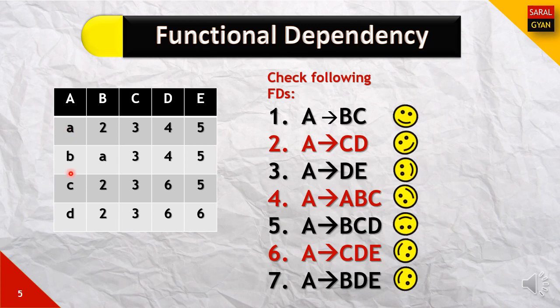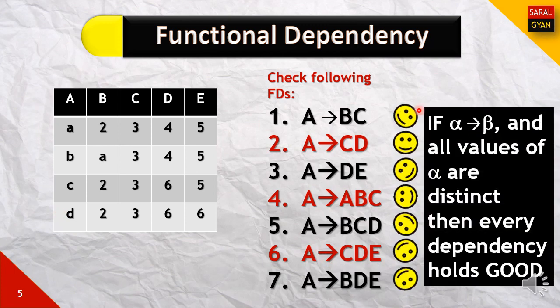In this case, none of the tuples has a similar value of alpha. Therefore, all these functional dependencies will hold good. Remember this rule: if alpha to beta is a dependency and all values of alpha are distinct, then every dependency holds good.